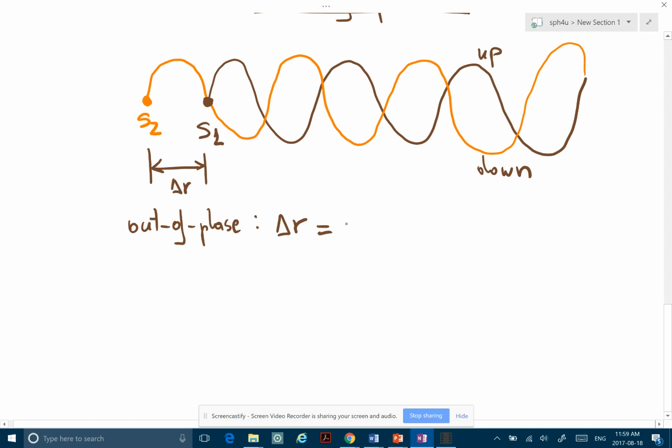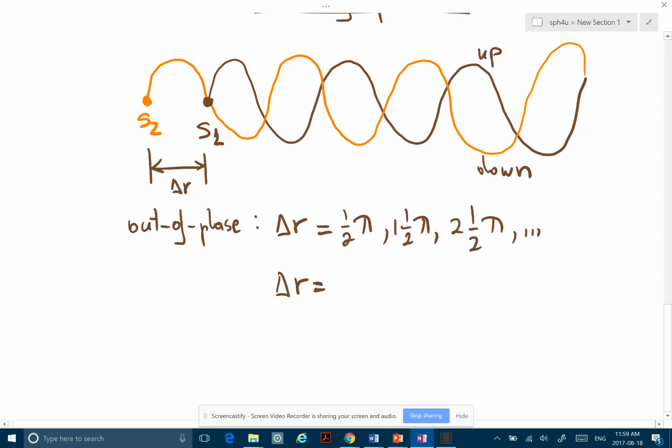The distance between the two sources looks like it's half of lambda. And of course, what could be the next one? Could be 1.5 lambda, 2.5 lambda, all right, and so on and so forth. So it looks like the difference in paths between the two waves should be some multiple of half lambda, all right?